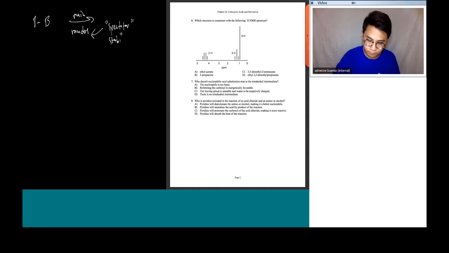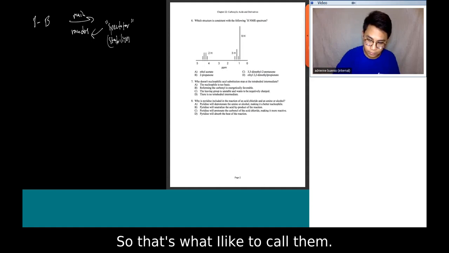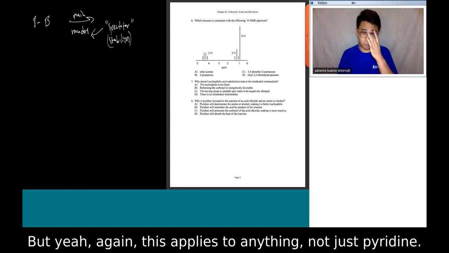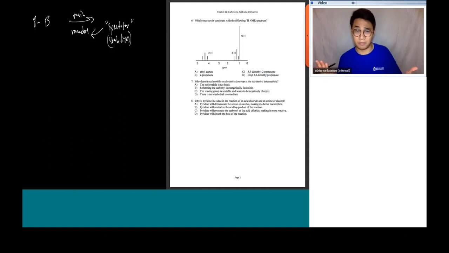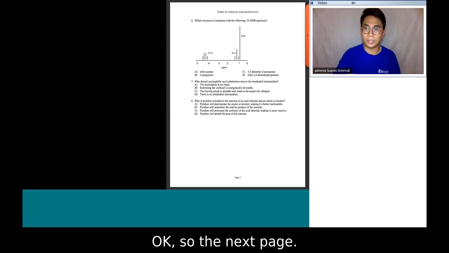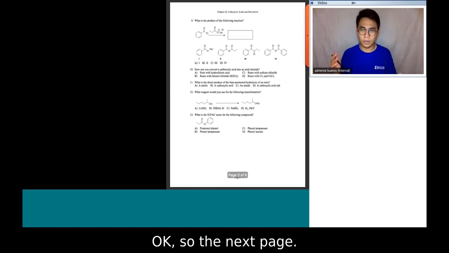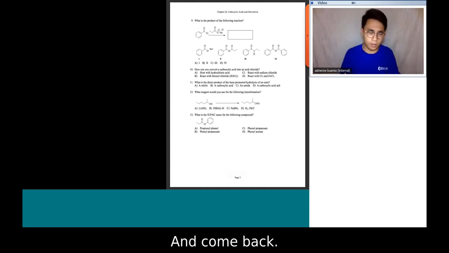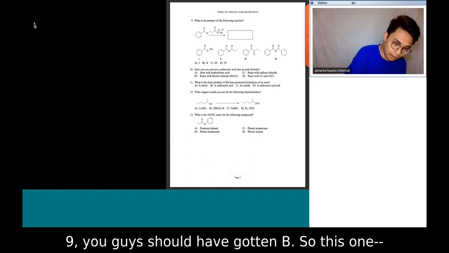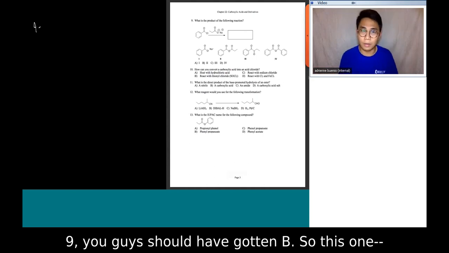That's what I like to call them. Again, this applies to anything, not just pyridine. Okay, next page. Again, pause the video, screenshot, answer, do what you will, and come back. Okay, 9, you should have gone B.